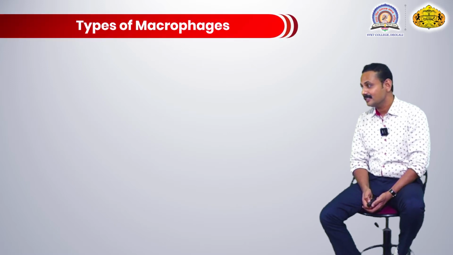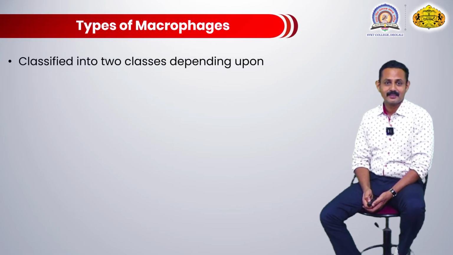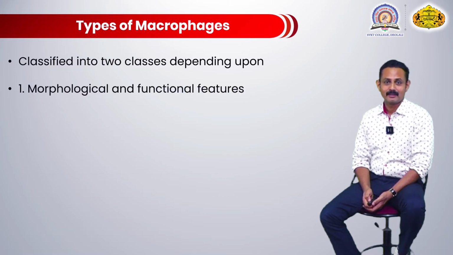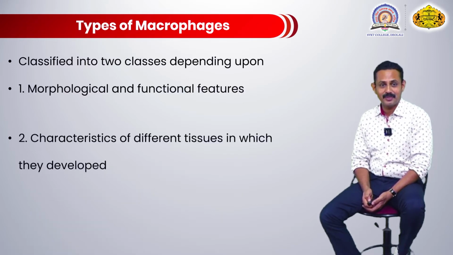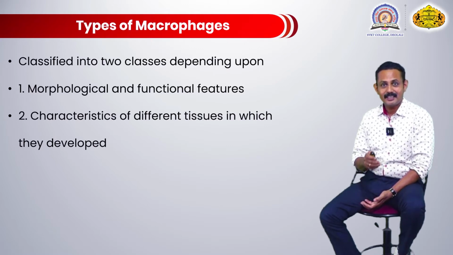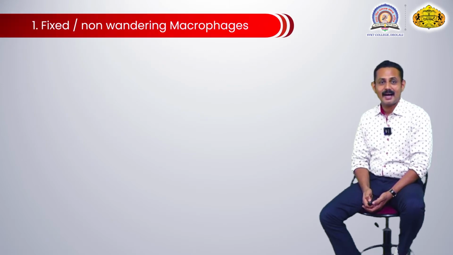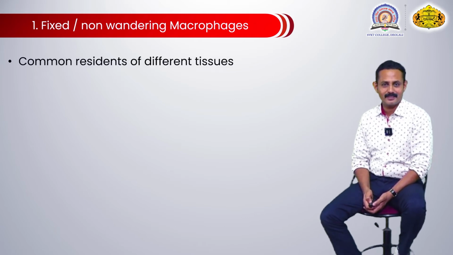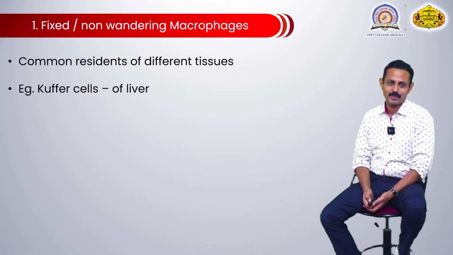Now, which are these different types of macrophages? These macrophages are classified depending upon their morphological and functional features and their presence in the tissues. As per that, macrophages are of two types. The first is called fixed or non-wandering macrophages. The name itself indicates they are common residents of different tissues.